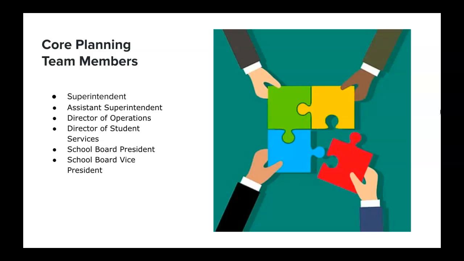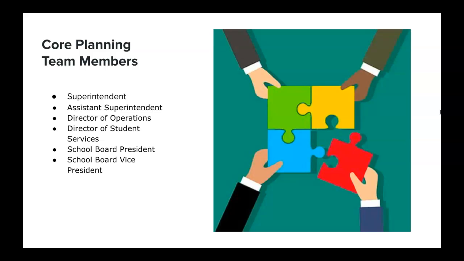Now, that doesn't mean that we won't have other individuals that are part of this process as we work through it, but this is going to be the core team who does, like I said, most of the work and starts this process off and brings everything together.